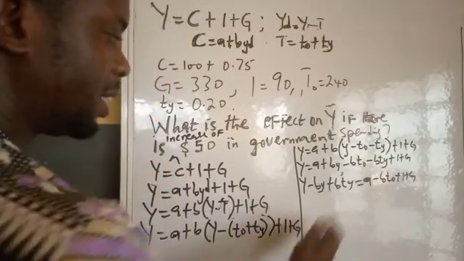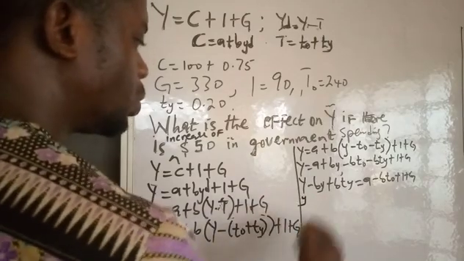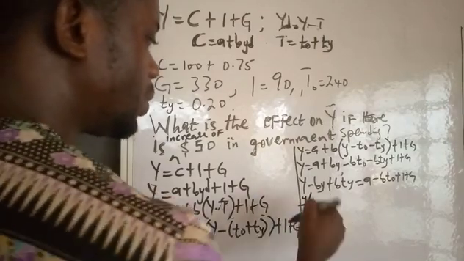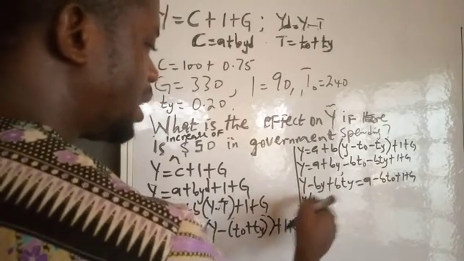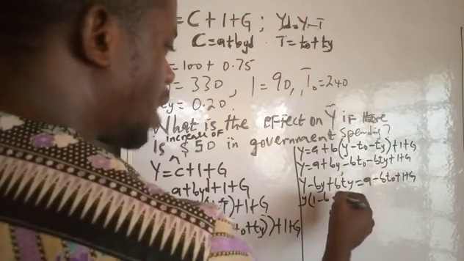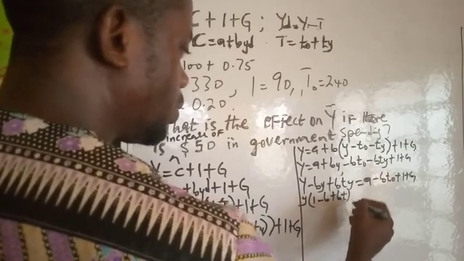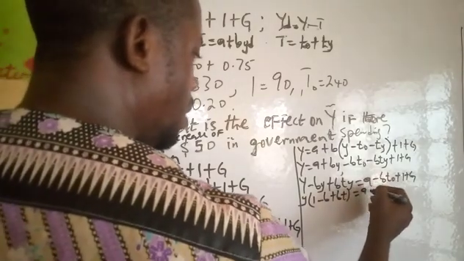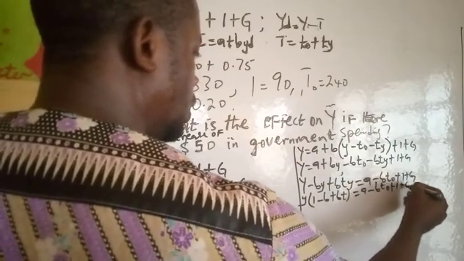Having done this, let's factorize. What's common? Y. You see, we bring the y out. Y divided by y, we have 1. Put the minus back: by divided by y, we have b. Then bty divided by y, we have plus bt. Bracket close. So equals a minus bt naught plus I plus g.